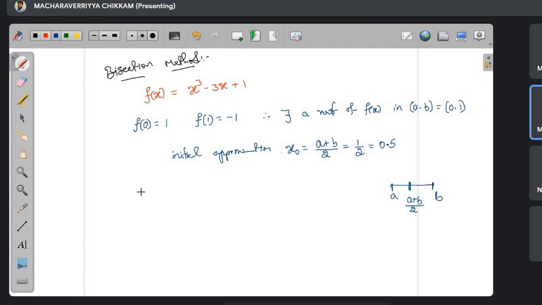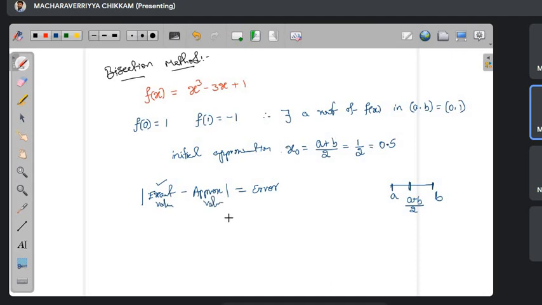The exact error can be found like this: if you know the exact value, the exact value minus the approximate value will give you the error, isn't it? But here, to calculate the exact error, we don't know what the exact value is.